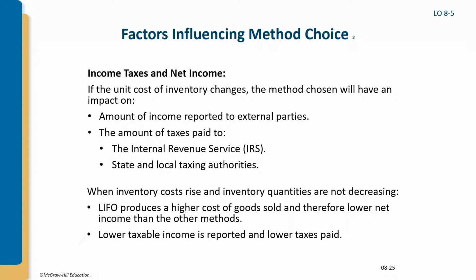If the unit cost of inventory changes, the method chosen will have an impact on the amount of income reported to external parties and the amount of taxes paid. So when inventory costs are rising and inventory quantities are not decreasing, LIFO produces the highest expense and the lowest taxes.